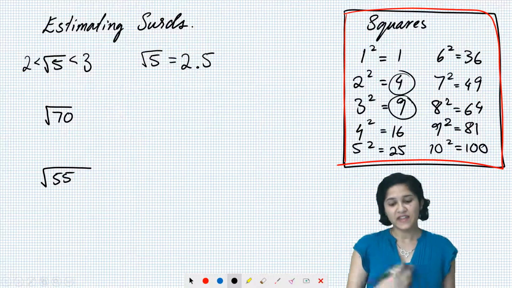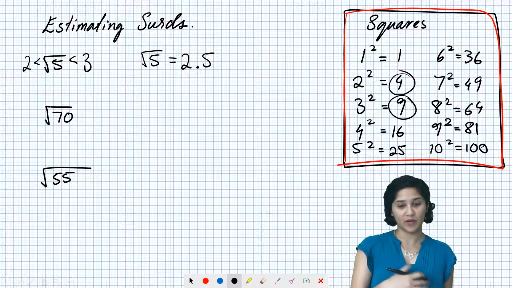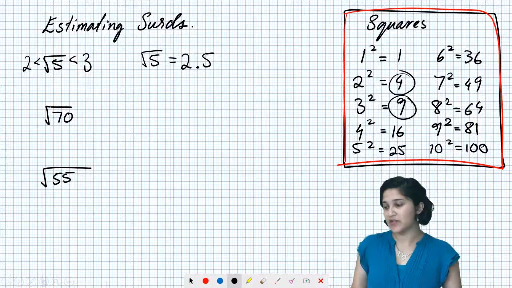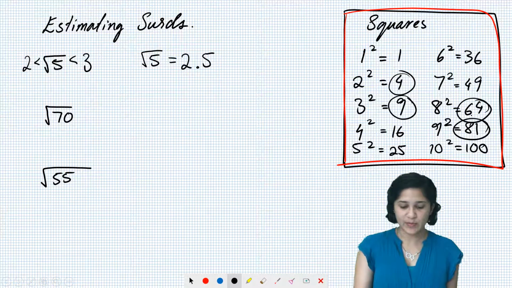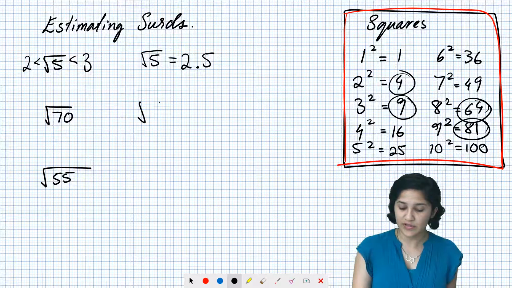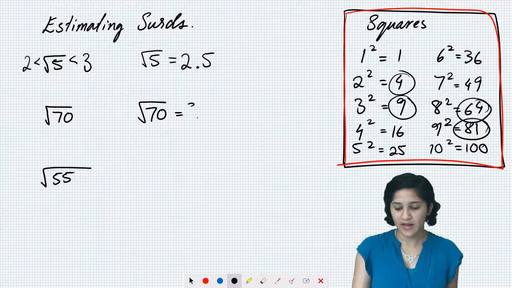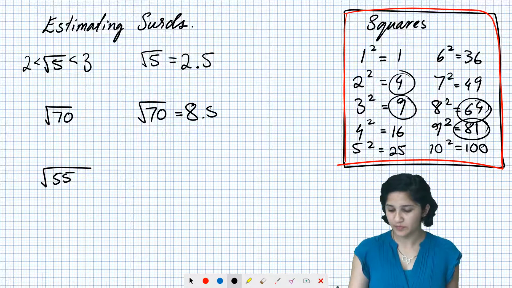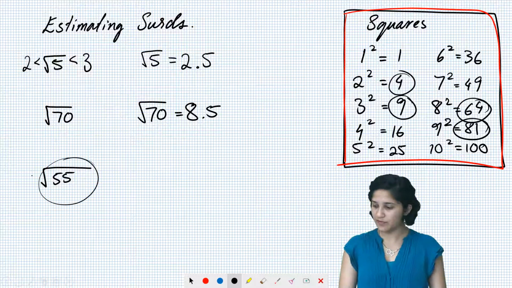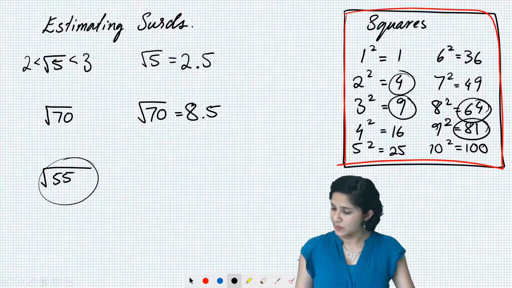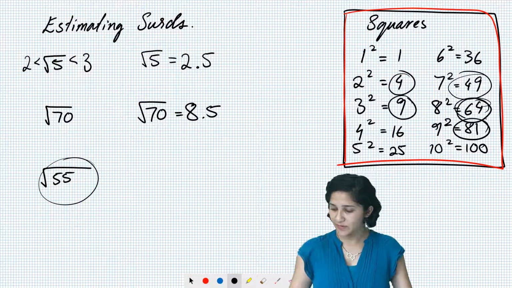Alright. So then we can do the same thing with square root 70. So 70 falls between 64 and 81, which means root 70 would be 8 point something. Okay. And again with square root 55, it's between 49 and 64.